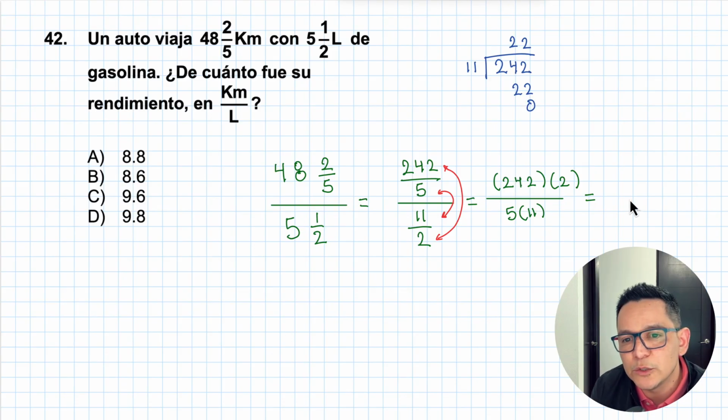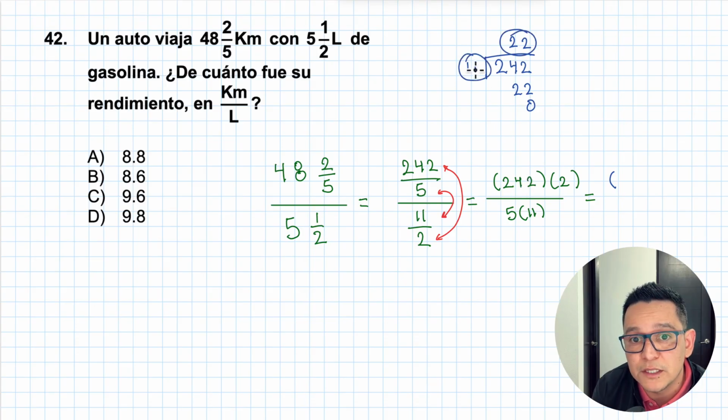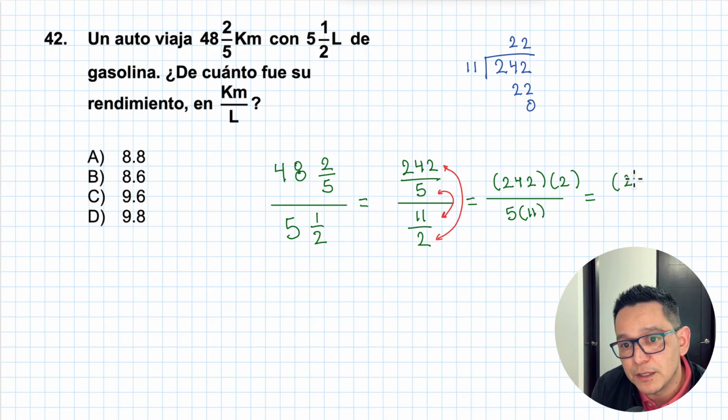Why am I doing this? Because look, this 242, what if instead of writing it as 242, I write it as 22 times 11? It's still 242, right? So we write 22 times 11, which I insist is 242, and this is multiplied by 2.